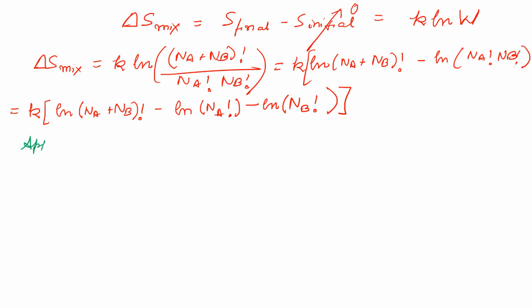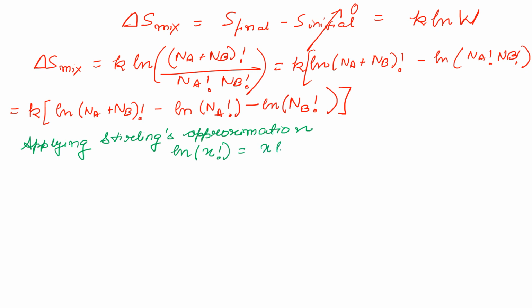So we apply a very simple approximation proposed by James Stirling, which says ln x factorial is given by x ln x minus x. I use the same formula for my system, and I just expand it.